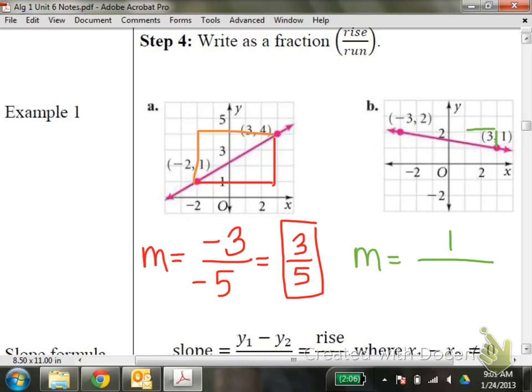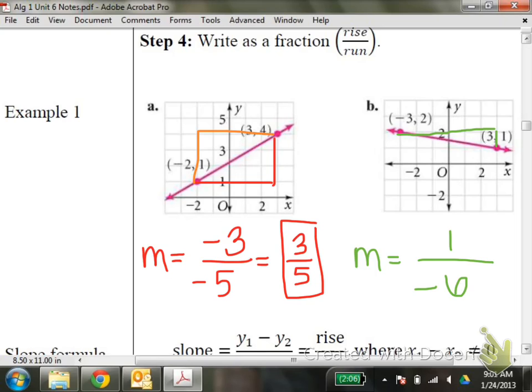Left, 1, 2, 3, 4, 5, 6. If I'm going left, is that positive or negative? Negative. So if I'm going left, it's going to be negative 6. So our slope would be 1 over negative 6.